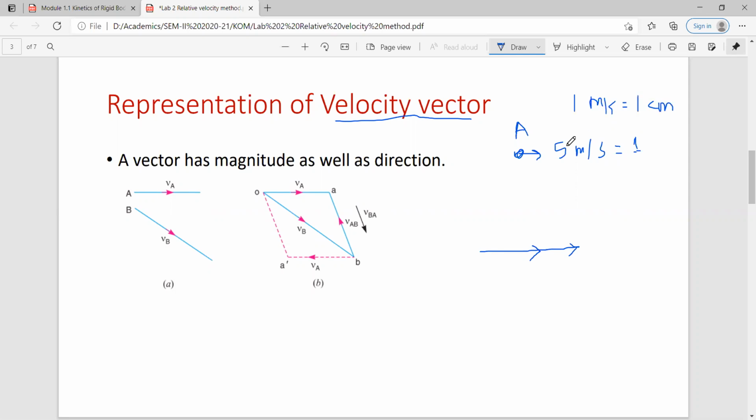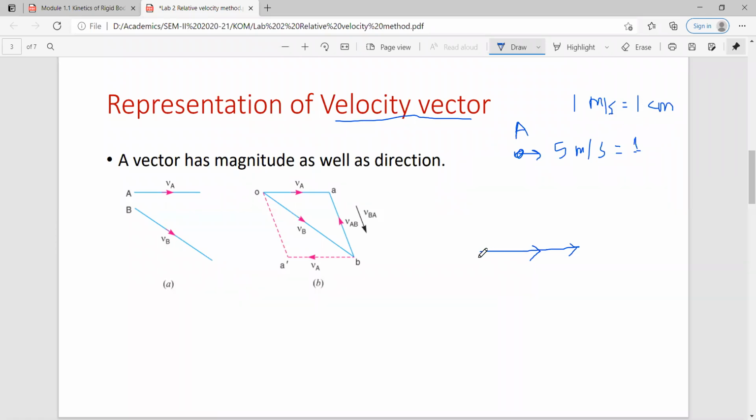Okay, then if your velocity is 5 meter per second, the length of the vector will be 5 centimeter, right? Correct? So I will draw this line first in horizontal direction and I will choose the length as 5 centimeter, because I have selected here that 1 meter per second velocity will be represented by 1 centimeter length.